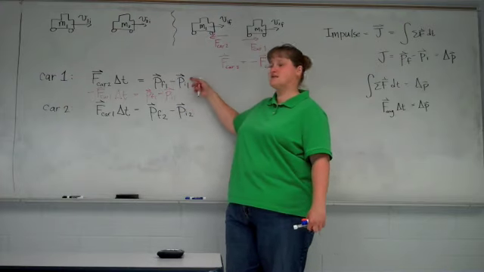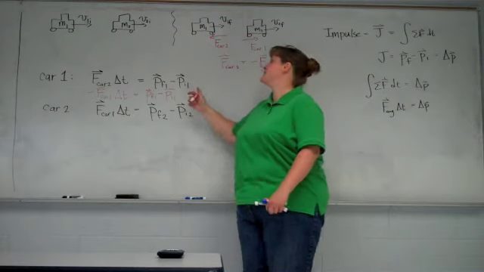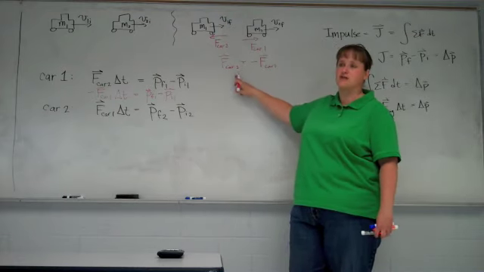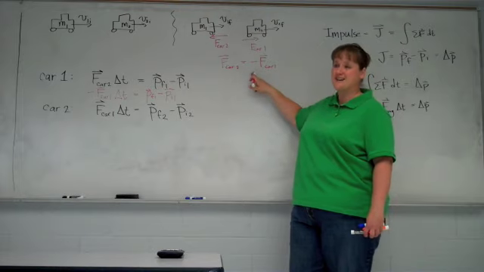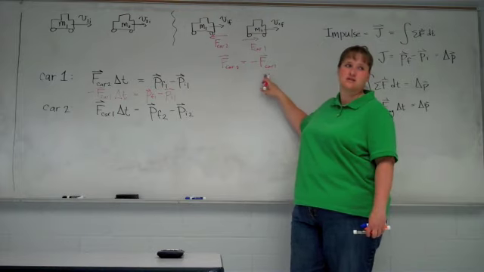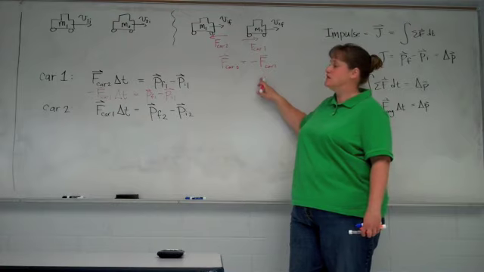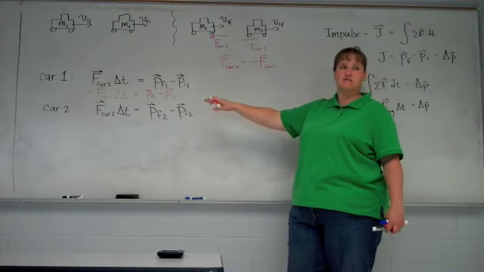So this is the same thing. We've just made this substitution. We know the force that car 2 exerts on car 1 is equal to the negative force that car 1 exerts on car 2. They're equal in magnitude, opposite in direction. Okay with that?